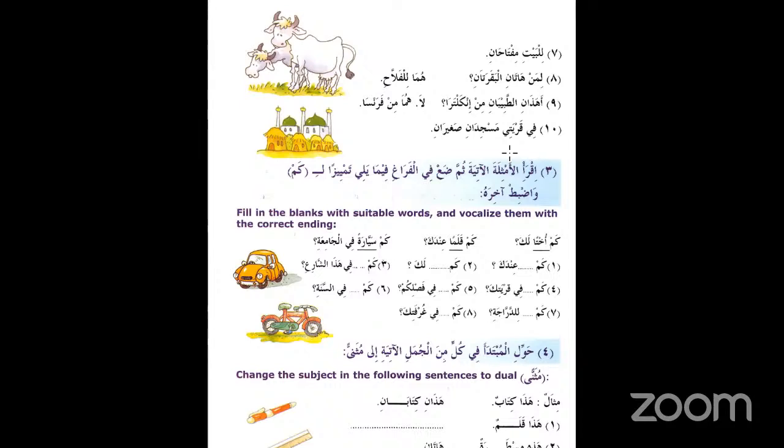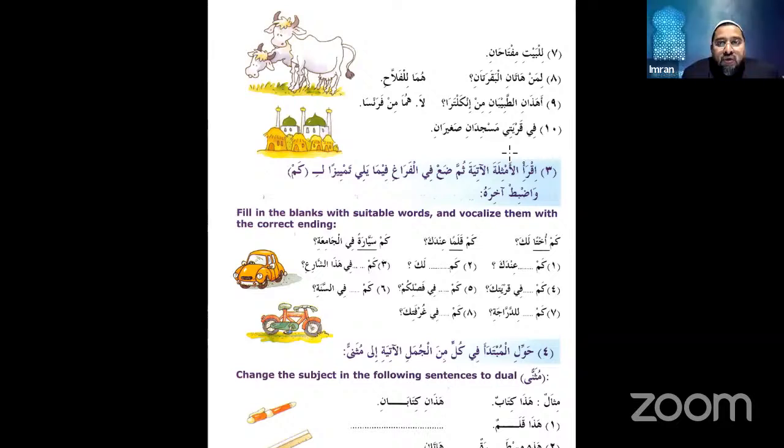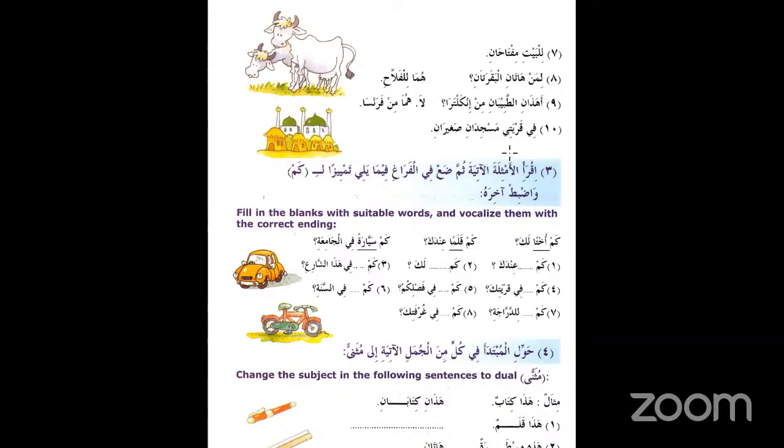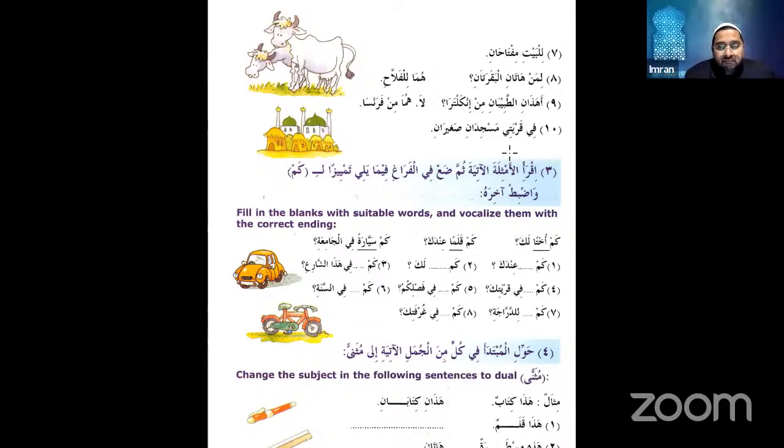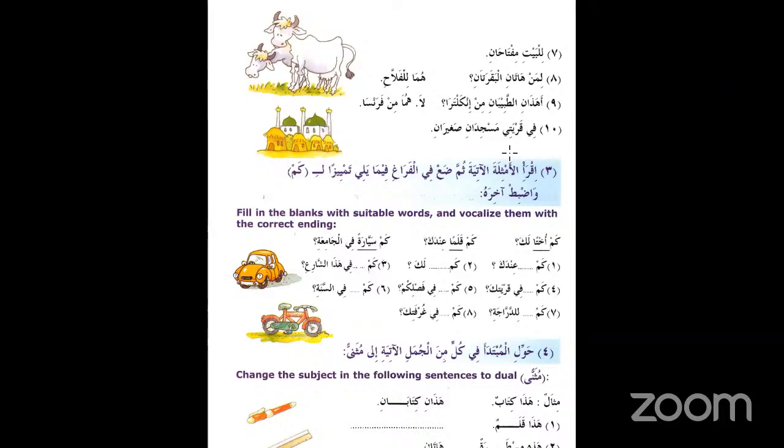Liman hatani al-baqaratani? For whom are these two cows? Huma lil fallahi. They are for the farmer. Correct. Hadhani tabibani min Inglaterra?